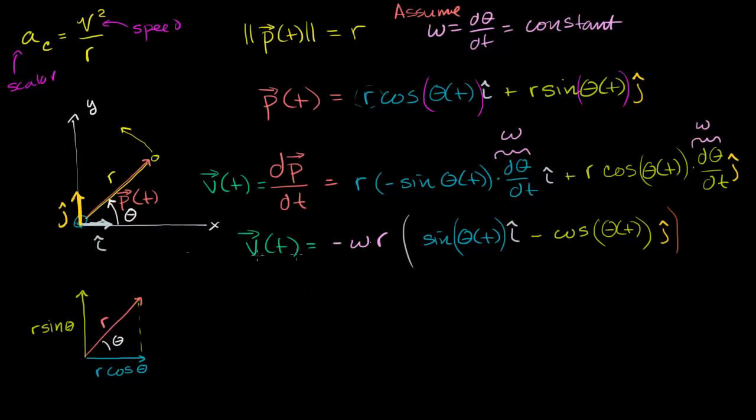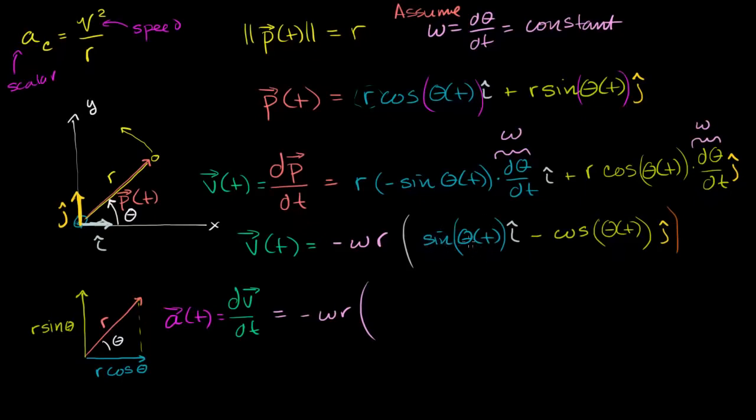Now let's take the derivative of this with respect to time. If we take the derivative of the velocity with respect to time, this is clearly just the acceleration as a function of time, and we're going to assume that the magnitude of this thing is constant, but the actual direction is changing. So the acceleration as a function of time is going to be equal to negative omega r, open the parentheses. What's the derivative of this first term?